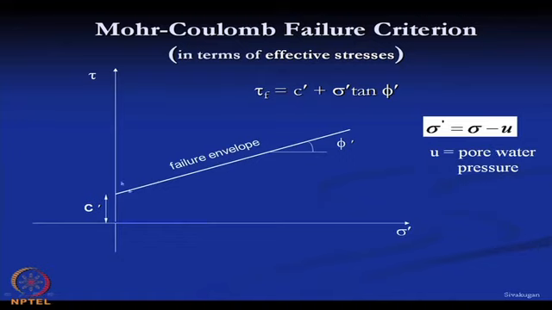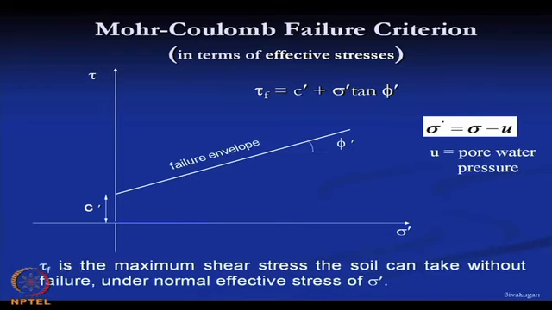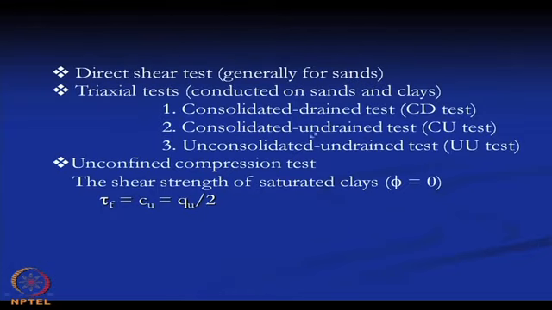A similar envelope can be determined, but in terms of effective stress. So, tau f is the maximum shear stress the soil can take without failure under normal effective stress sigma bar.